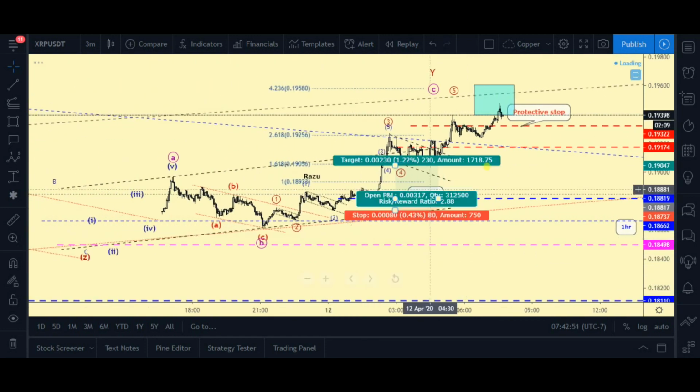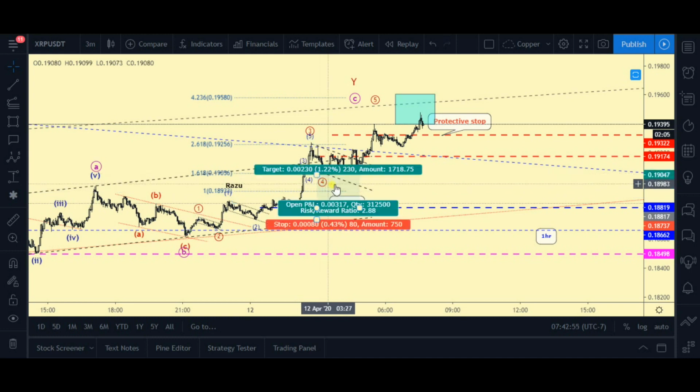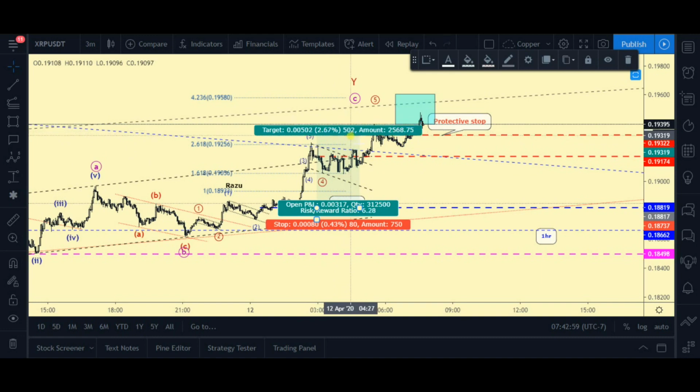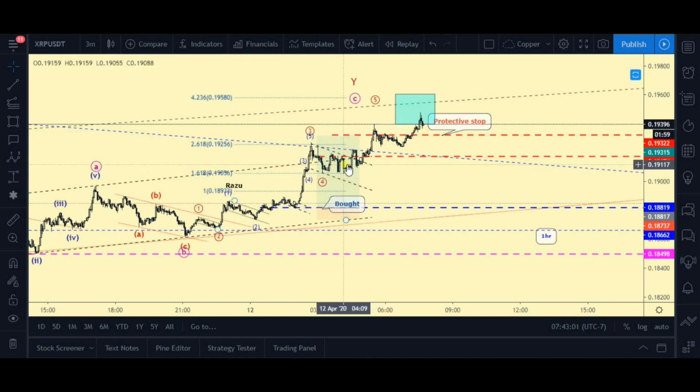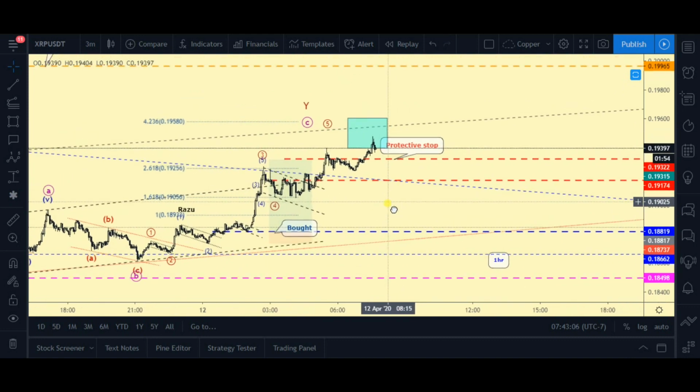So we were expecting a 1:3 risk to reward ratio here, but actually now we have a 1:6.23 risk to reward ratio, a very good one.